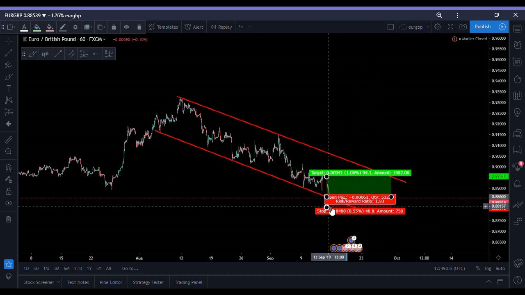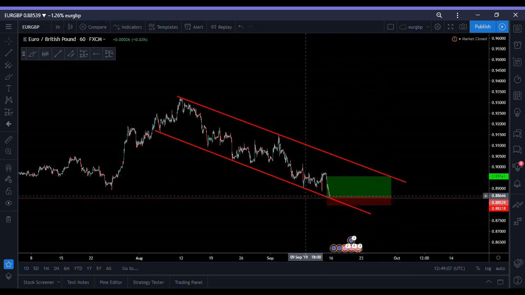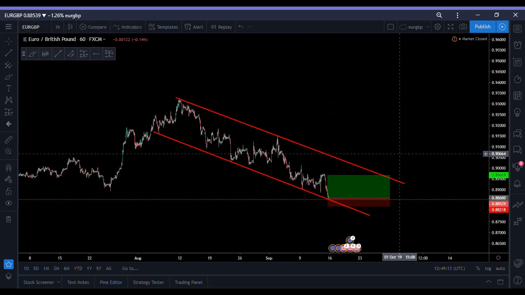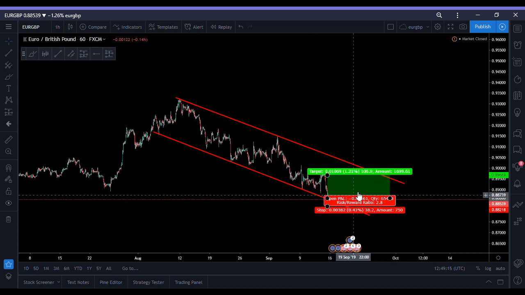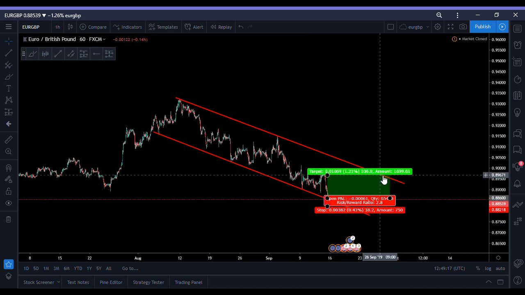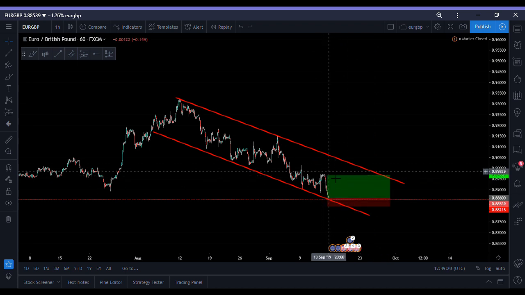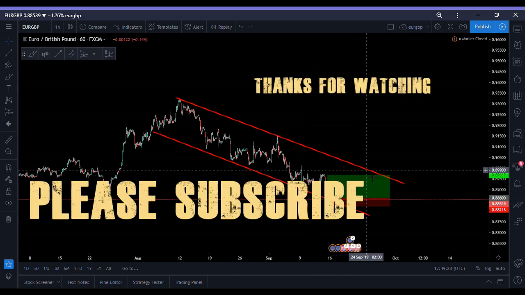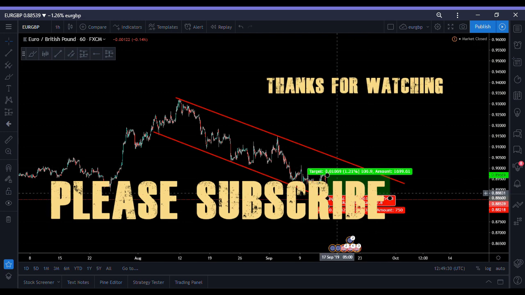You can get something like 1.2%. If price moves to here, that's still fine, you just have to take this as the highest high that you get in this channel. So price will just move a little bit slower, I guess, to here, then you're good to go.